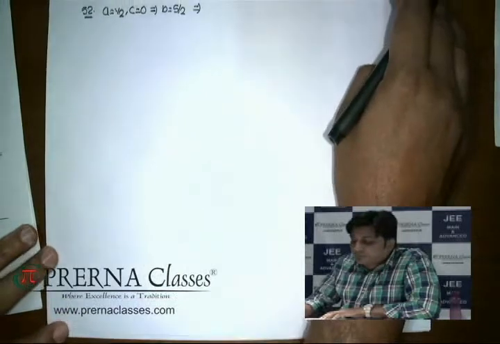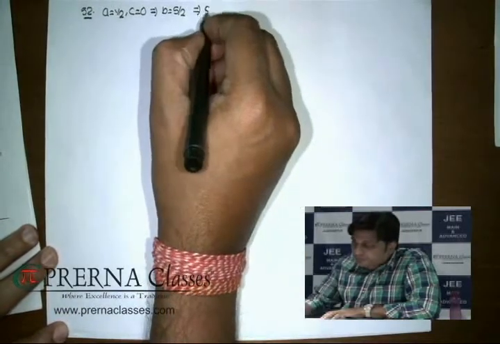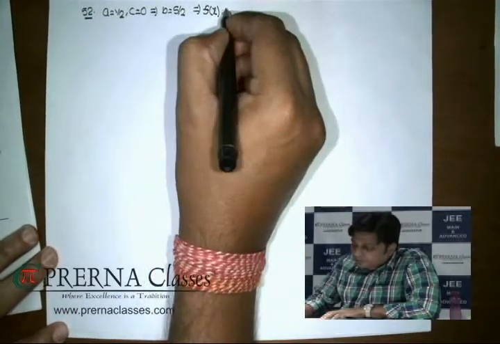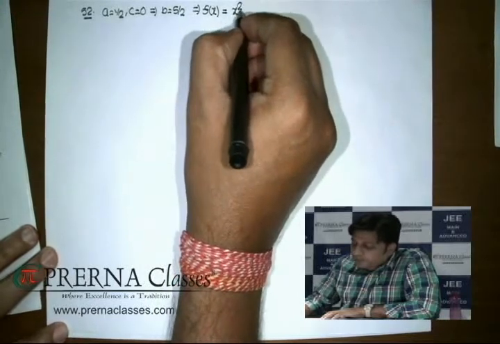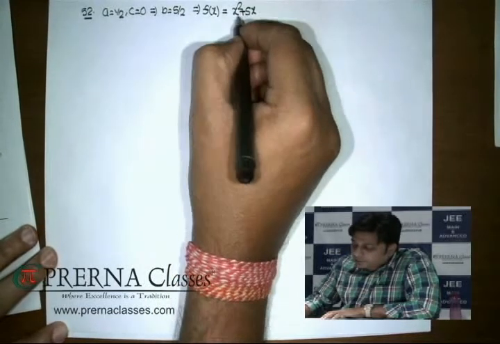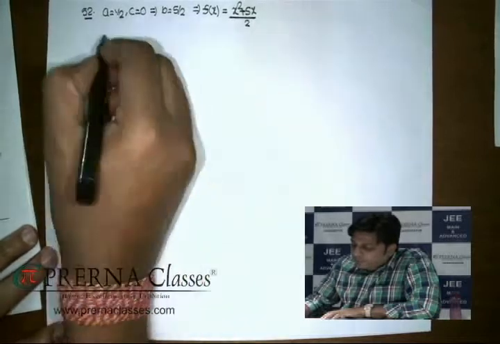Therefore f(x) is going to be equivalent to x square/2 + 5x/2.